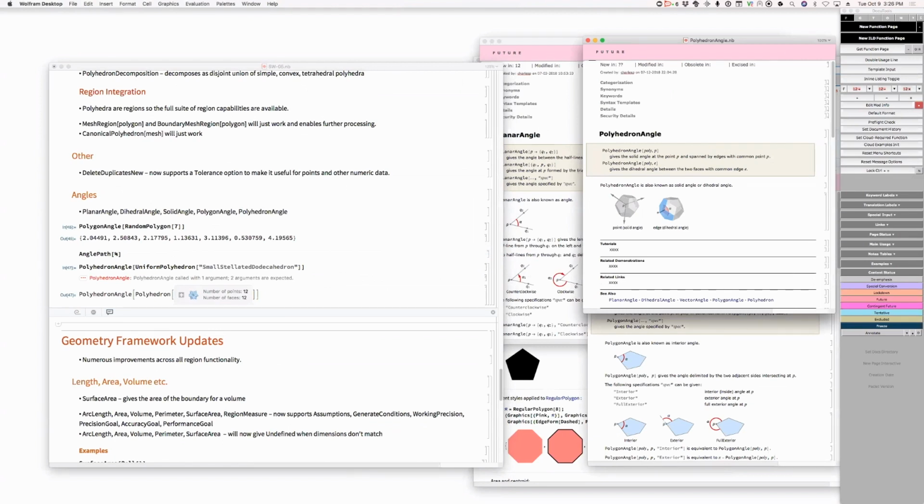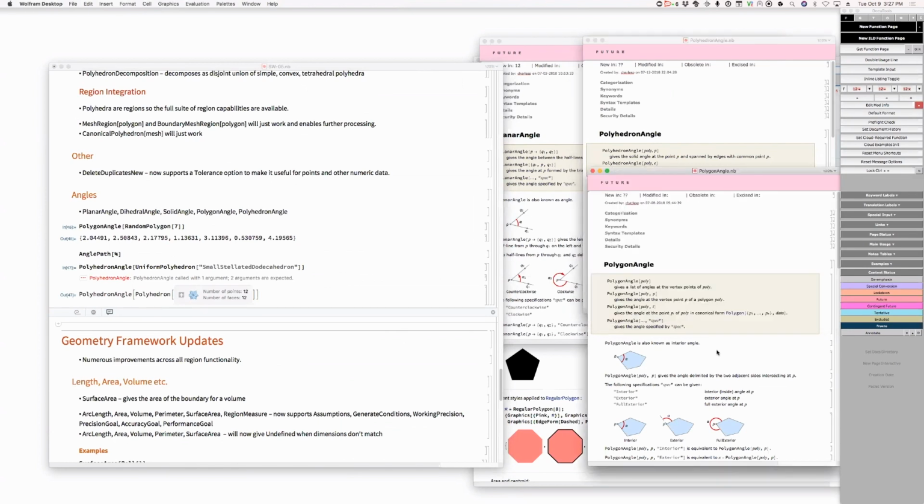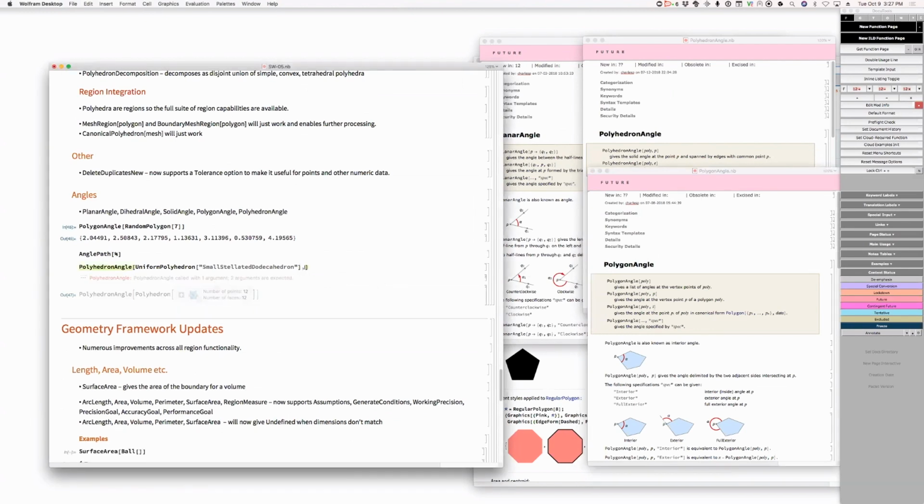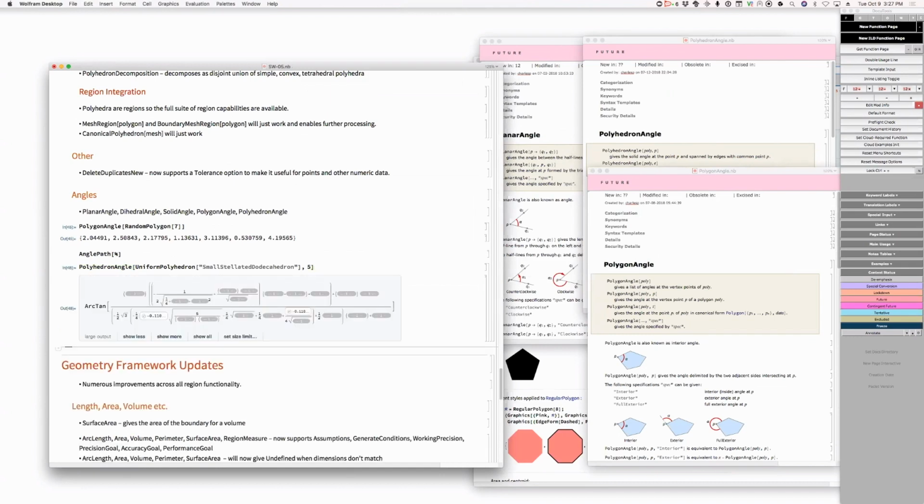Yes. But here we have the point and the edge, so we didn't really want to make a choice or return the whole full list. We can, but... Well, it seems useful to do that, given that polygon angle does that. Otherwise polygon angle... Okay, let me ask a naive question. How does it know whether you're giving it an index or a vertex point P or an index I? So you're saying that if I give this, is there an index number 5 or something here?